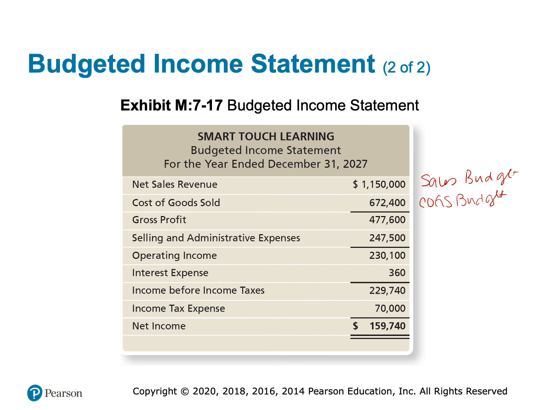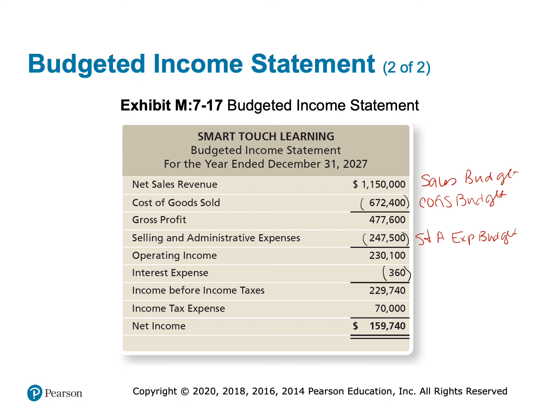So net sales revenue minus cost of goods sold gives us gross profit. That's just a subtotal. Selling and administrative expenses, this came directly off the selling and administrative expense budget. So then again, gross profit minus selling and administrative gives us operating income. Then we have our other items. We didn't have any revenue or gains this year. We didn't sell any equipment. We didn't have any interest revenue, but we did have interest expense from the cash budget.